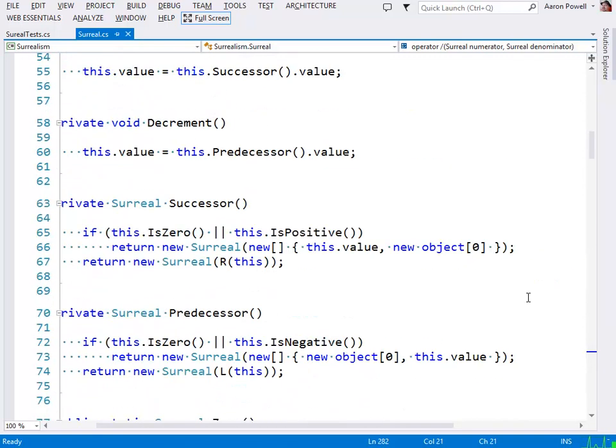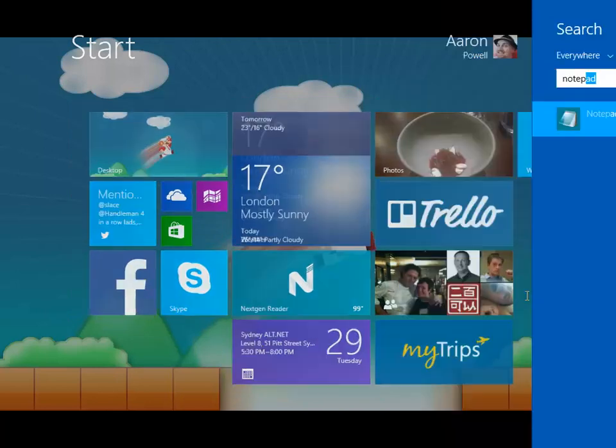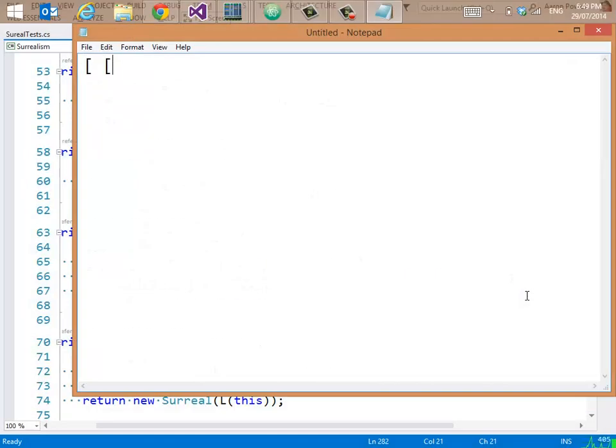the data structure, so a surreal value, if I just bring up Notepad, it kind of looks like this. So that's 0 in surreal numbers. If we were to go, so that's 1. So we've got a set to the left-hand side of, the right-hand side of 1.